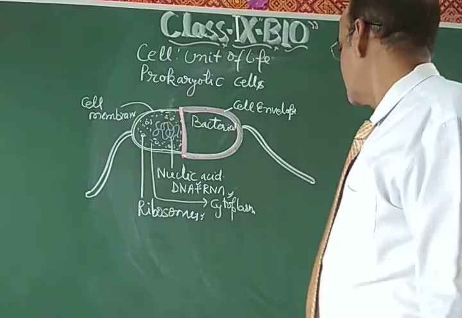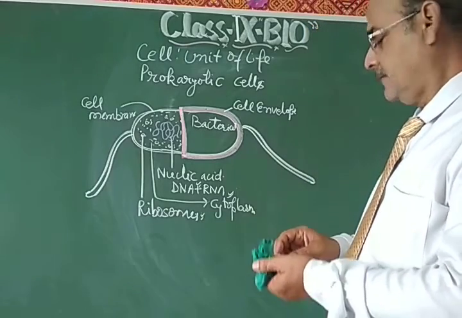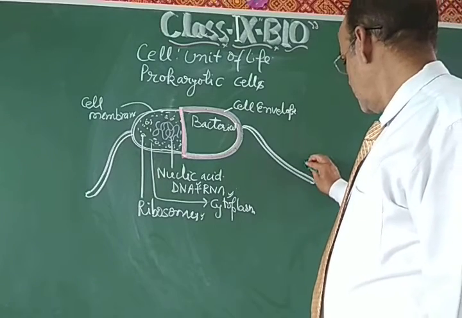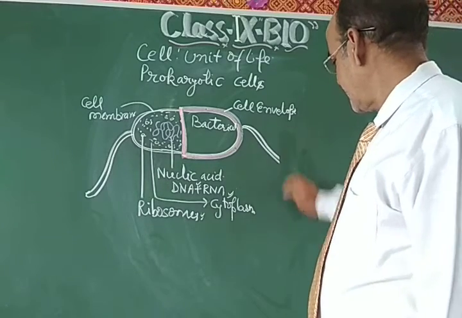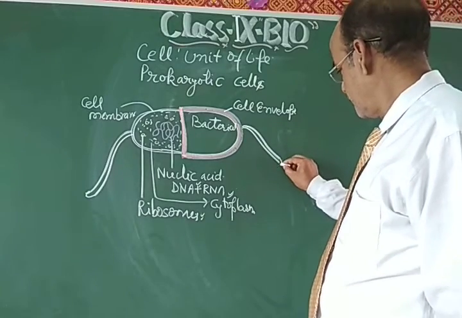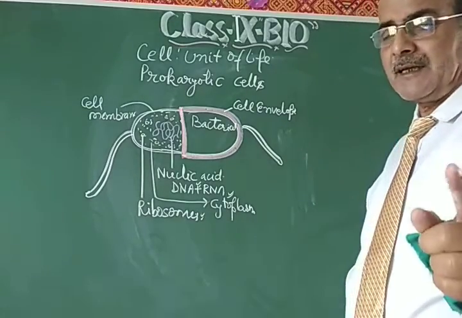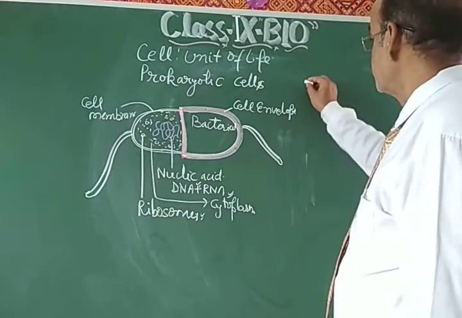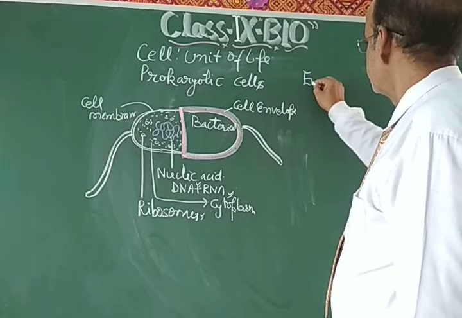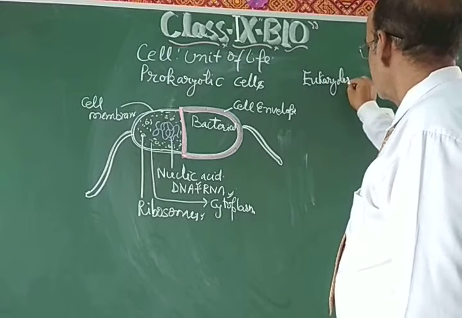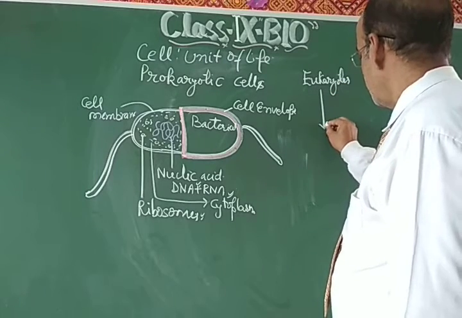My dear students, come to the eukaryotic cells. I will explain the different structures of the eukaryotic cells, eukaryotes, along with this diagram. So first of all, you will see the eukaryotes. And how will you see the eukaryotes?